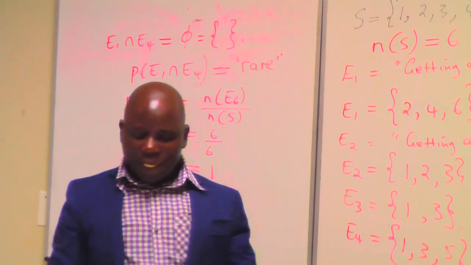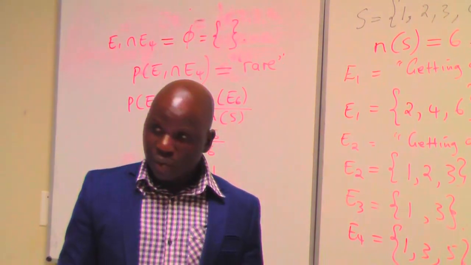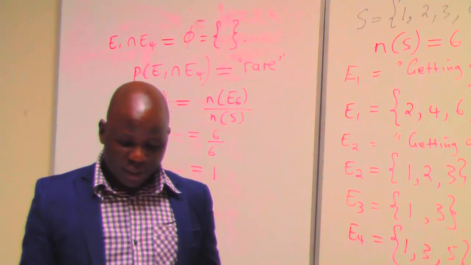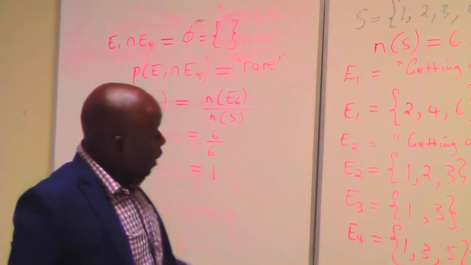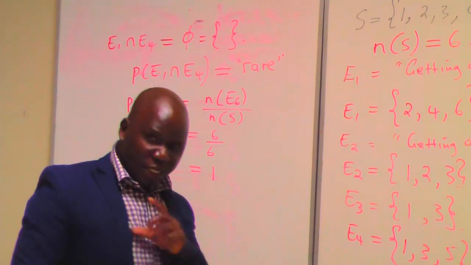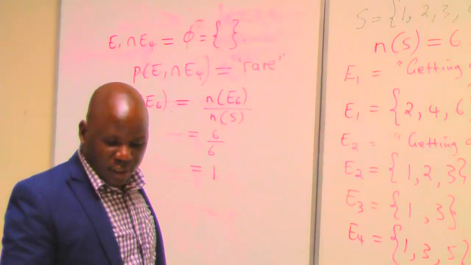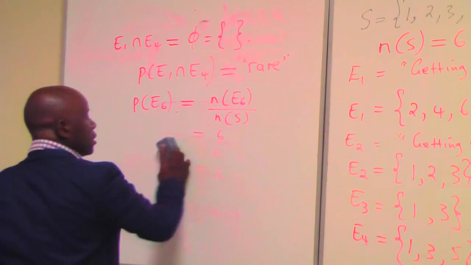Now, I want us to conclude, but before we conclude, I want to add a few concepts which I think will be very, very important. I want you to convince yourself in this case that E1 and E4 are disjoint events.